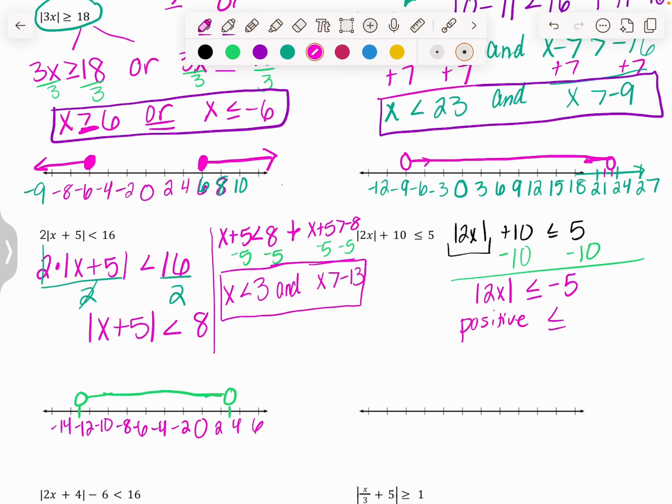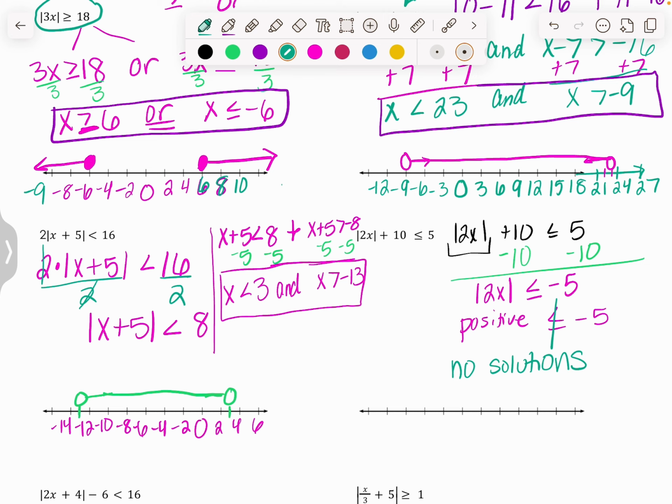And a positive number will never be less than a negative number. So in this situation, we would actually have no solutions. Now, it is possible for you to have solutions if the absolute value is greater than a negative number.